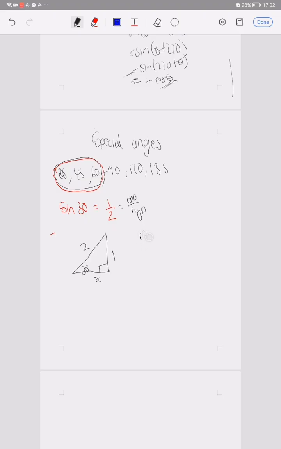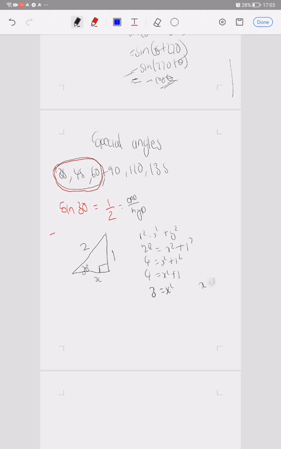r squared is equal to x squared plus y squared. Therefore, what are we getting as our x? 2 squared is equal to x squared plus 1 squared, so 4 is equal to x squared plus 1, and 3 is equal to x squared.